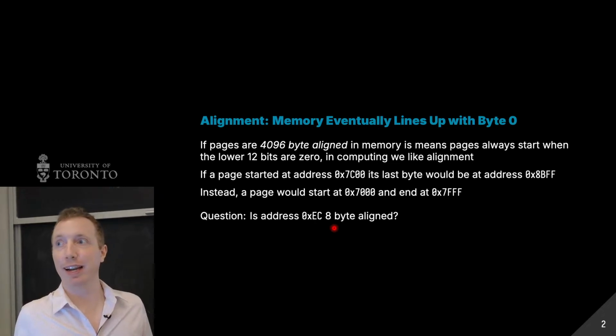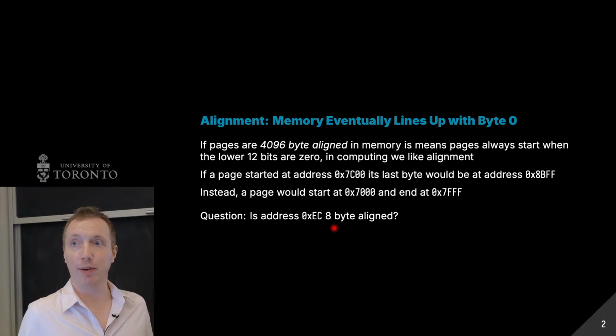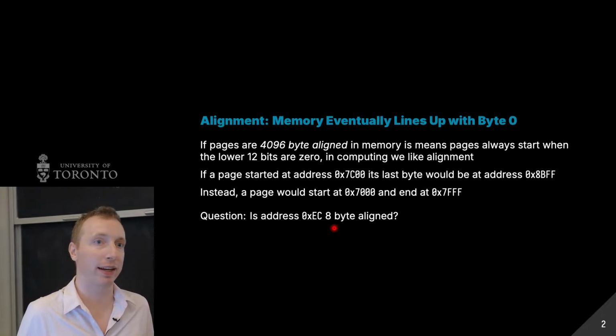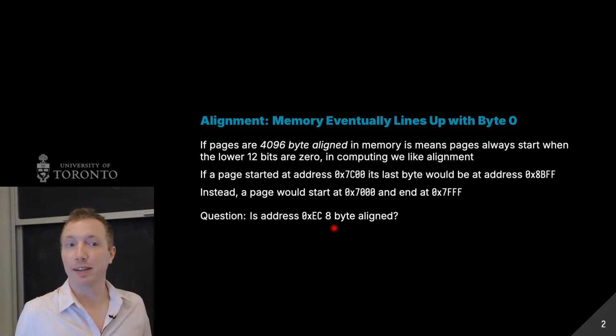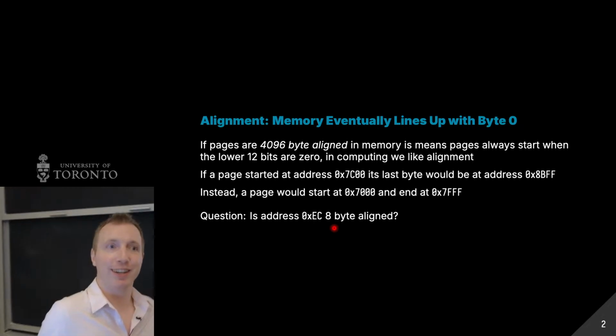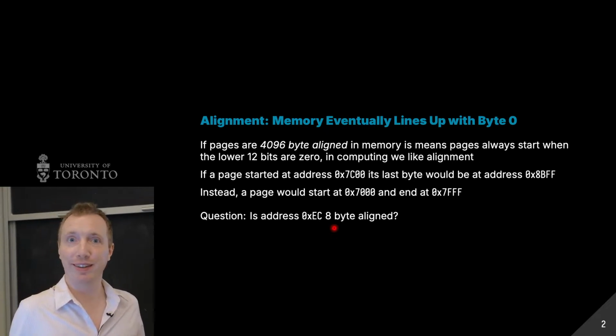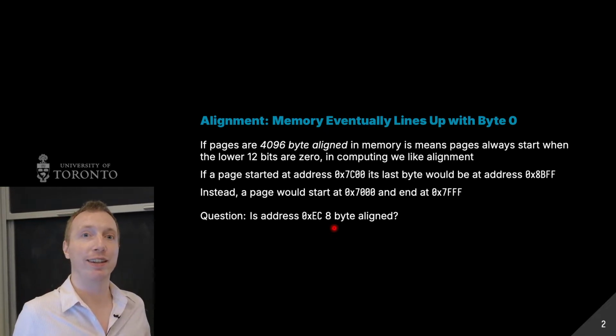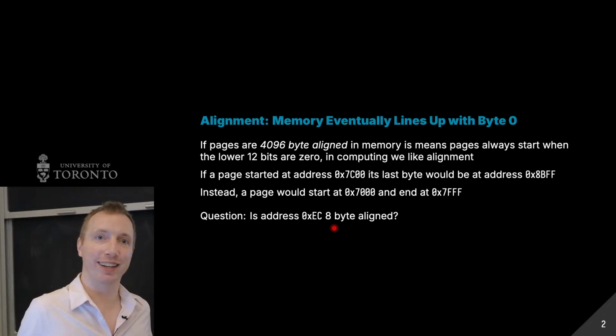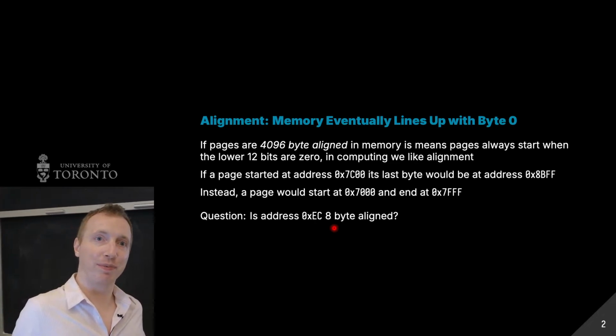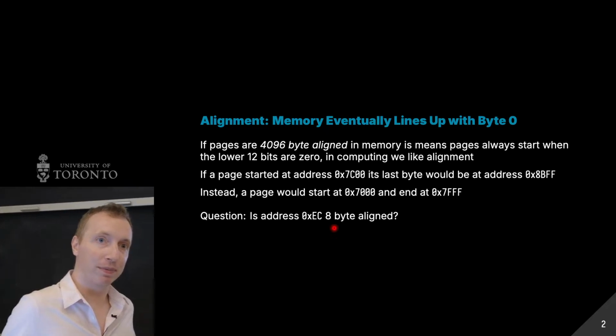Which means, if that is our address, is it divisible by 8 without any remainder? See some yeses? No, it's not. Why? Because C is not divisible by 8.